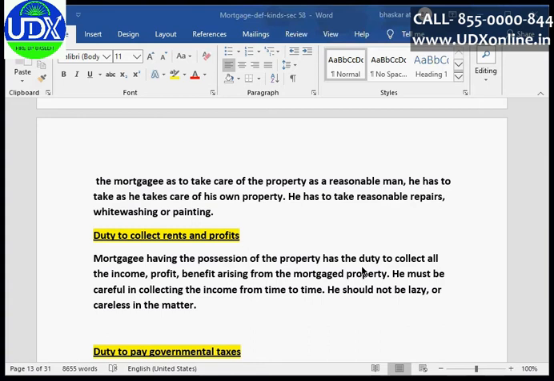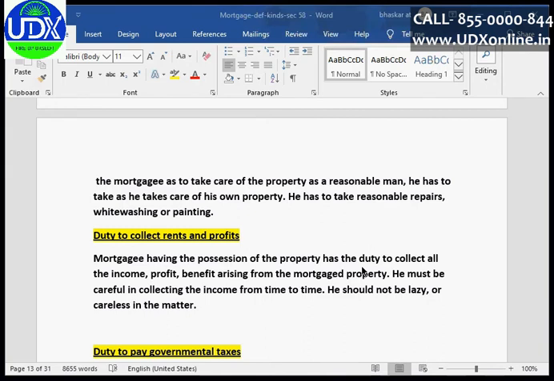So, any such property which is giving rise to the rents or profits or any other form of benefit, and the owner of this property has given the possession of the property, or the owner has given the right to collect the rents and profits to the mortgagee, then that mortgagee has the duty to collect all the rents, all the profits periodically without any defaults.